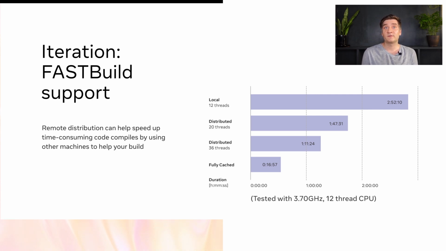As there's an upper limit to the number of cores that you may have available on your development PC, we've added remote distribution support using FastBuild, which is an open source build system, to Unreal Editor for both the MSVC and Clang toolchains to help users who may not be able to access the other code compilation distribution methods already available. If you're not familiar, remote distribution allows other computers to process work for a build, offloading processes to remote cores beyond your local cores and allowing even more work to be done in parallel.